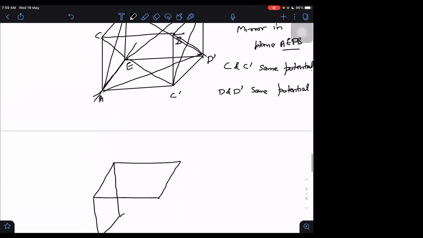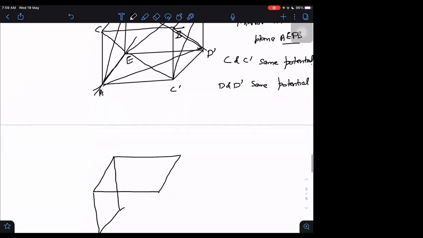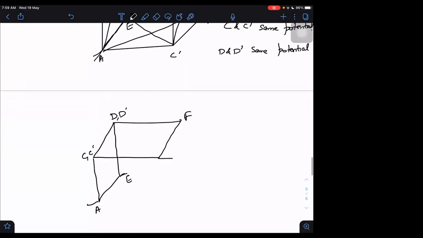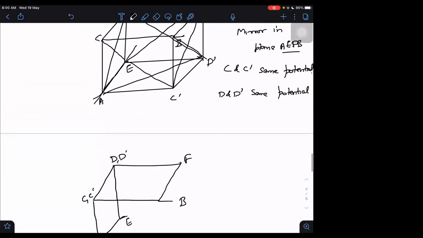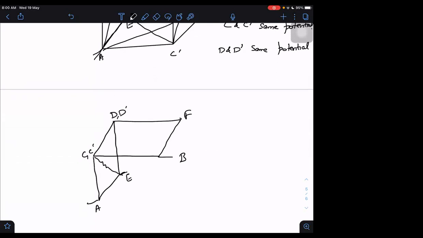A, and this is E. This side is C comma C dash, and this side is D comma D dash, and this point is F, and here this point is B. How many resistances will lie between C and E, and C dash and D? There are two resistances, both are connected together, so it became R by 2. These all are R by 2 each, right?